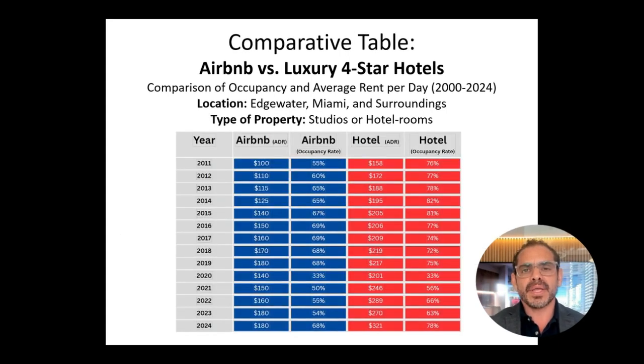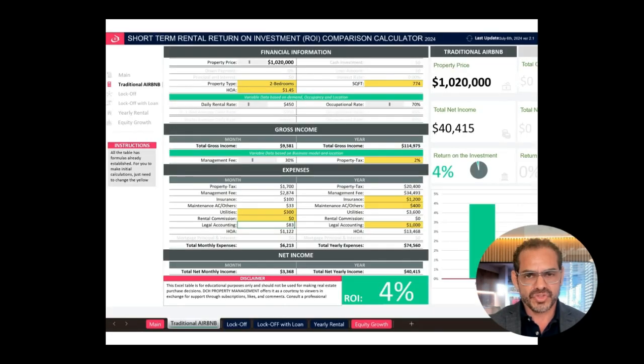In this comparative table, we can see how 2024 is shaping up for Airbnb with an average daily rate of $180 and a 68% occupancy rate, and for the 4-star luxury hotel with $321 and a 78% occupancy rate. So we will use these same values throughout our projection.